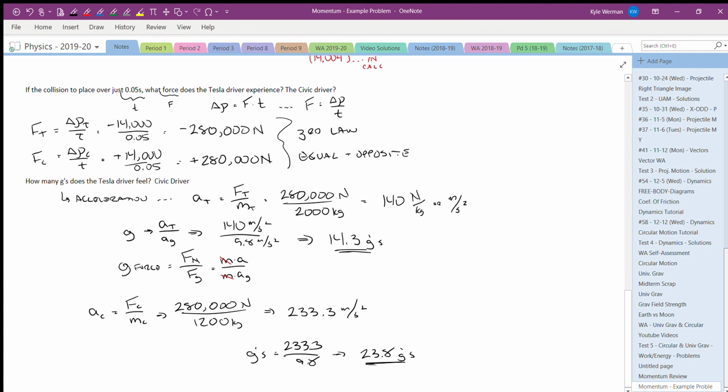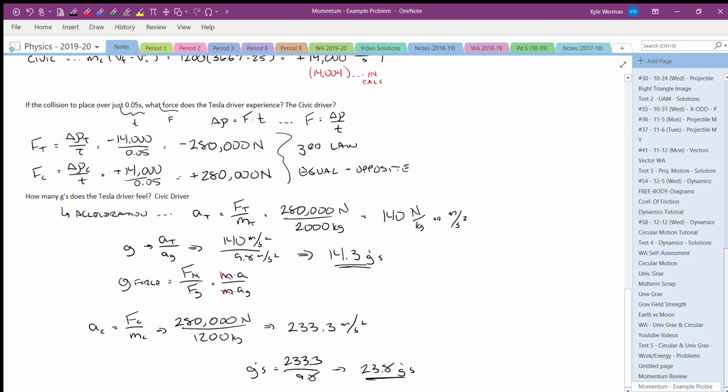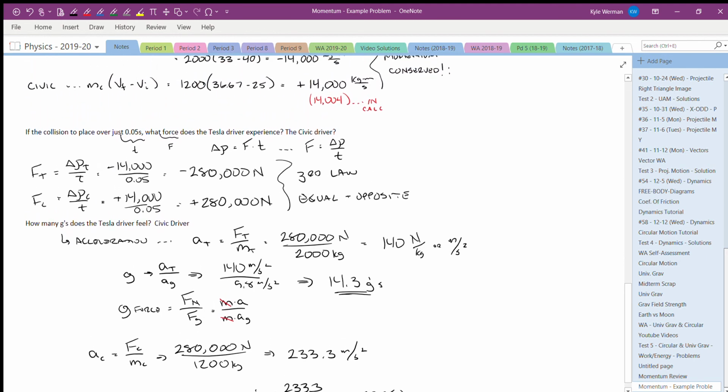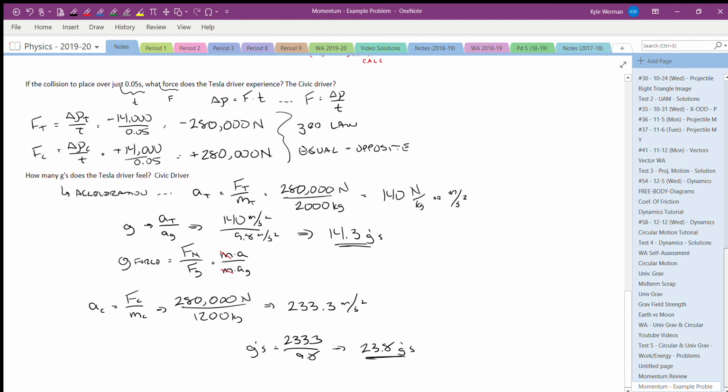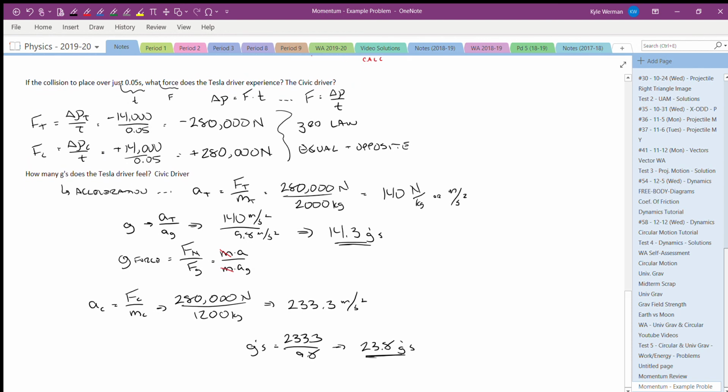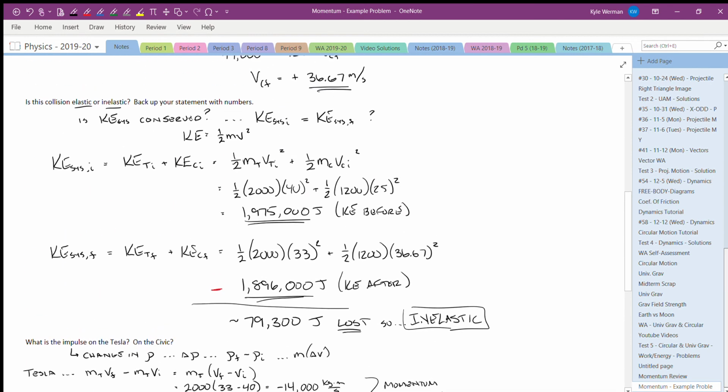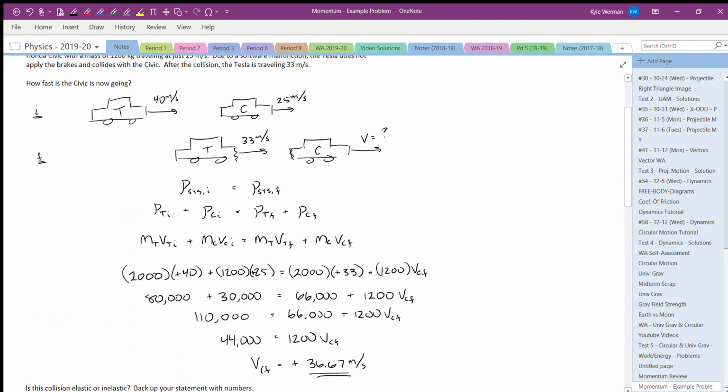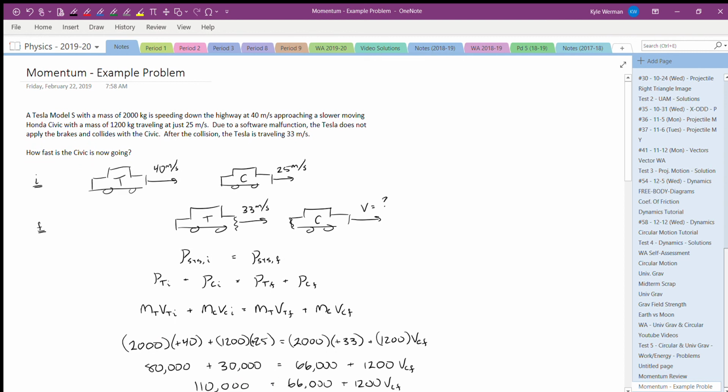And again, if I increase the time, I decrease the amount of force overall. So a longer time, that's where the crumple zones come into play with cars. We want to increase the time of the impact. So hopefully it's a pretty good summary. Spend a little bit of time kind of relearning this stuff, and hopefully it gets you ready moving forward.